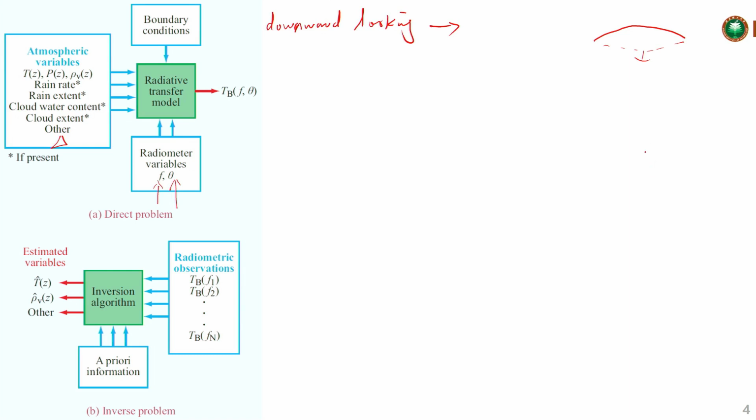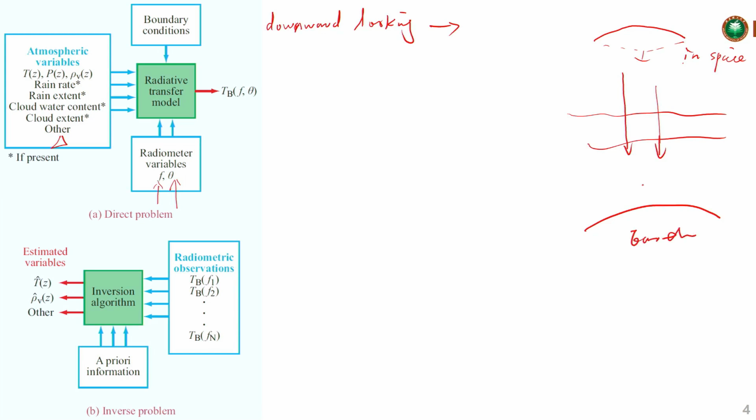So for the downward looking device, if it wanted to observe, it is in space, carried by a satellite, for example, and it's going to propagate through the atmosphere, and then onto the ground, or onto the land or ocean, and it gets the feedback, all right?